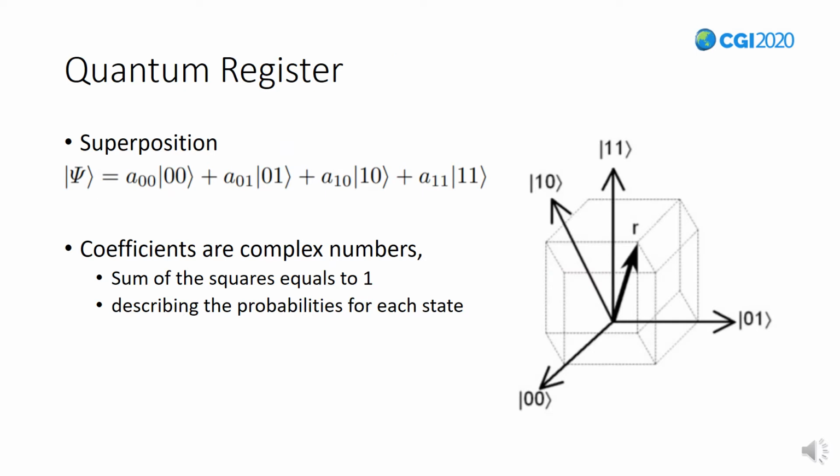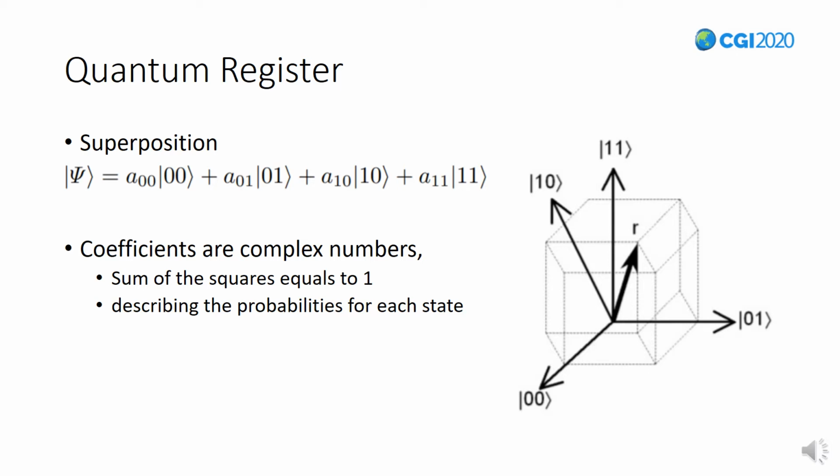A quantum register is in principle a sequence of quantum bits. Quantum registers can also be described based on superposition. In the case of two qubits, it is a combination of the four basic states 00, 01, 10, and 11.